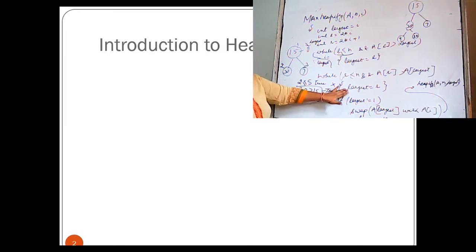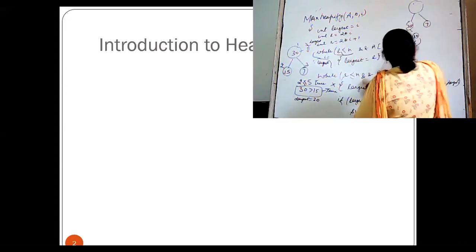Now right side will not continue. Largest is not equal to I, because 30 is not equal to 15, because 15 is already mentioned as largest, but 30 is the largest number, whereas 15 is not. So we are going to swap it. So bring this here, 30, 15 and 7.